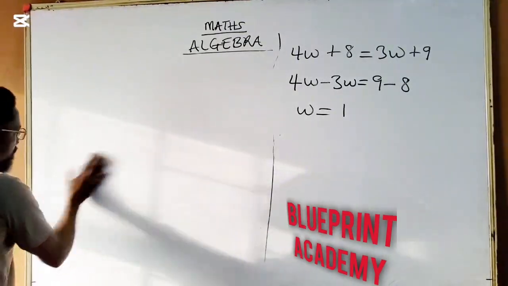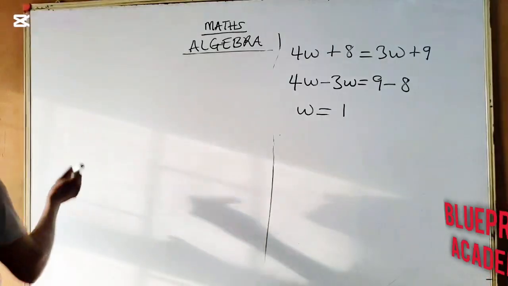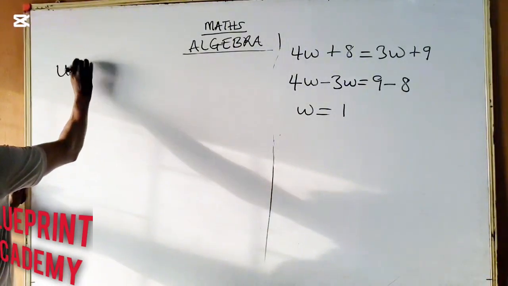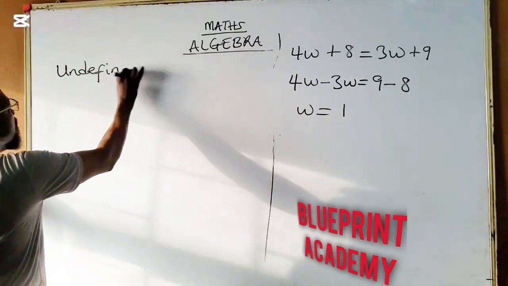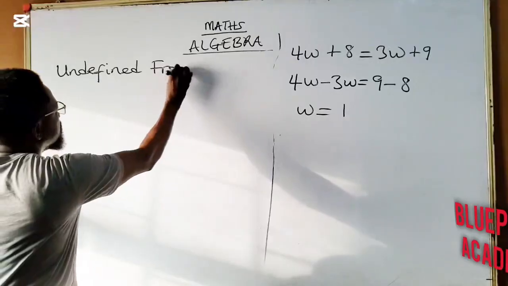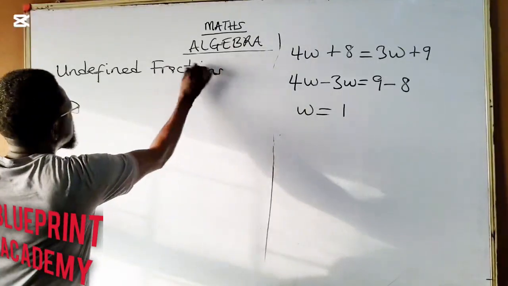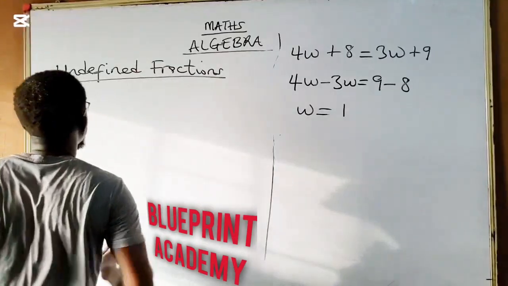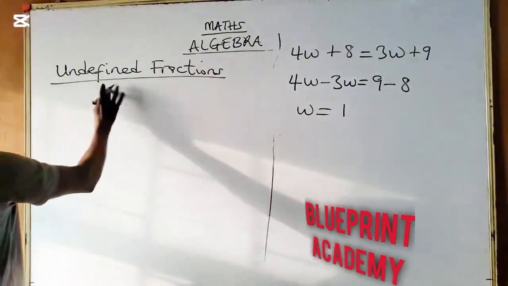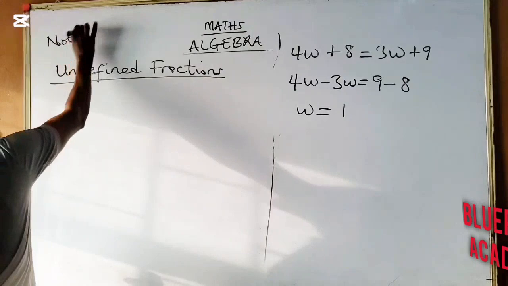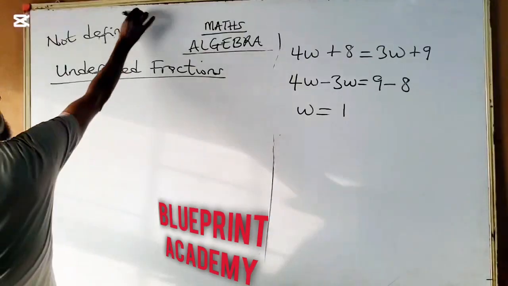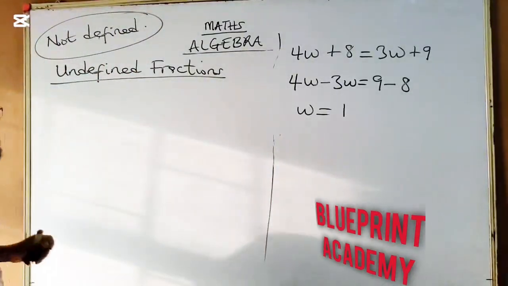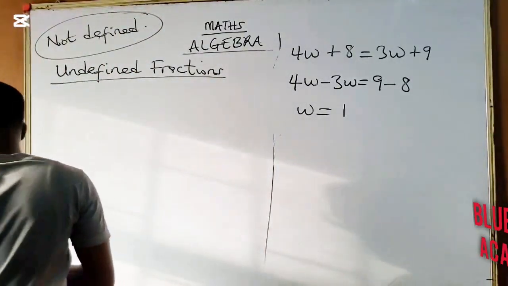Sometimes you see it as undefined fractions, sometimes you see not defined. Undefined or not defined means the same thing. So whether you see not defined or undefined, they are talking about the same thing.